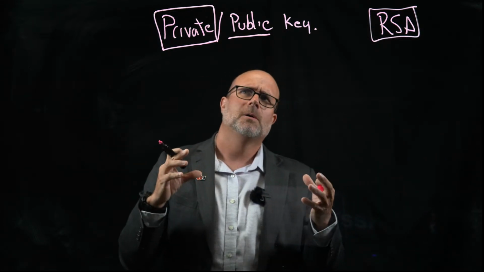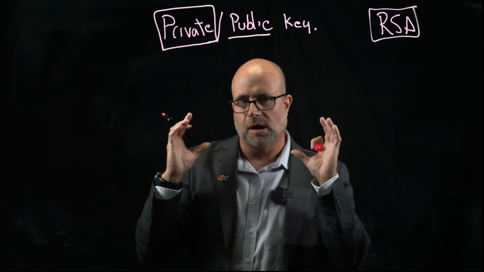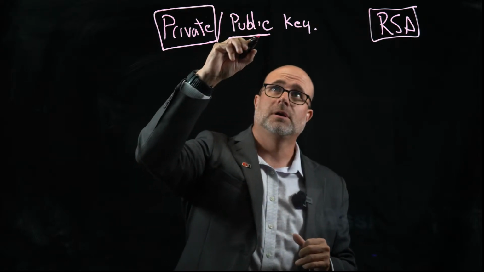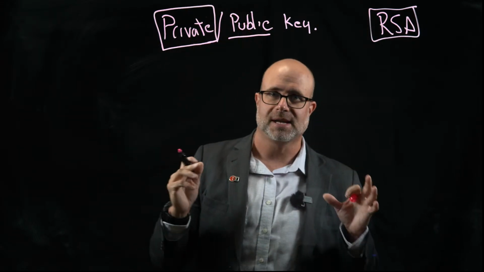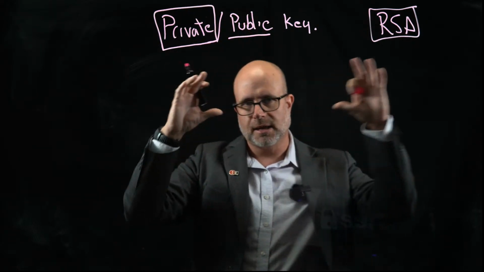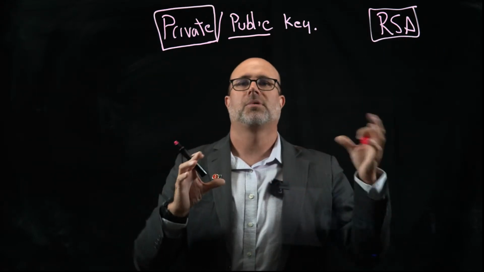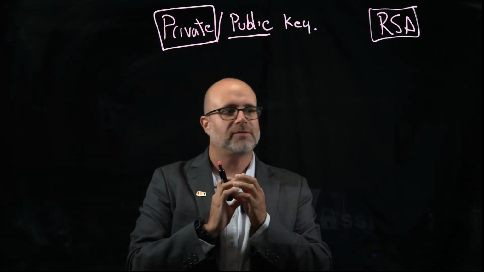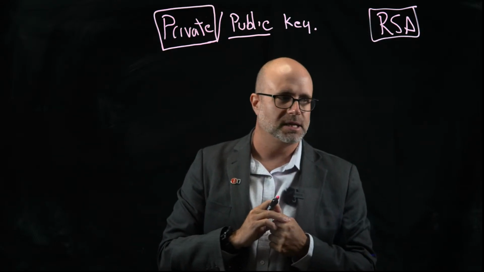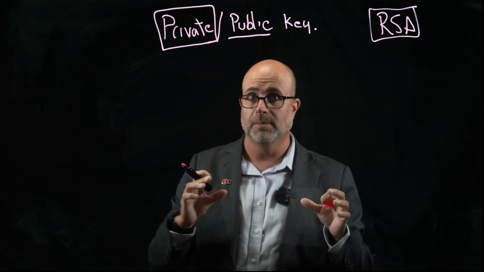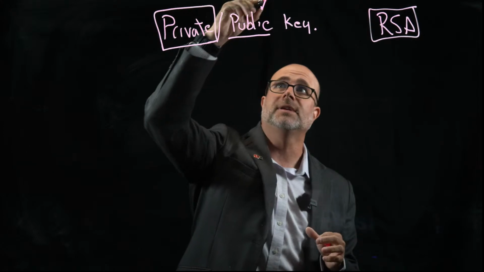Okay, so the thing to understand is, let's say I created this RSA key pair and it gave me a public and a private key, and I gave everyone in this stream my public key portion. You guys have it now, okay?